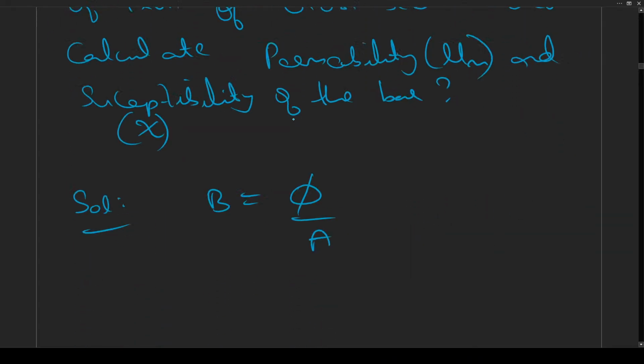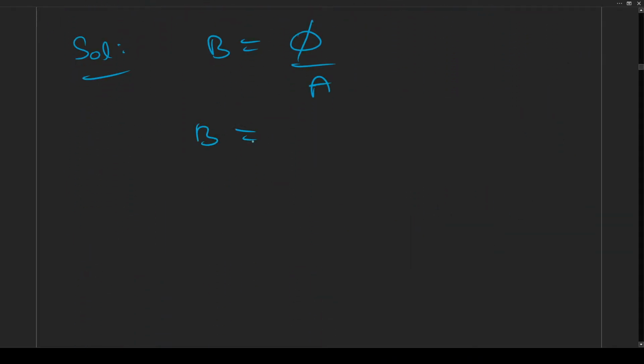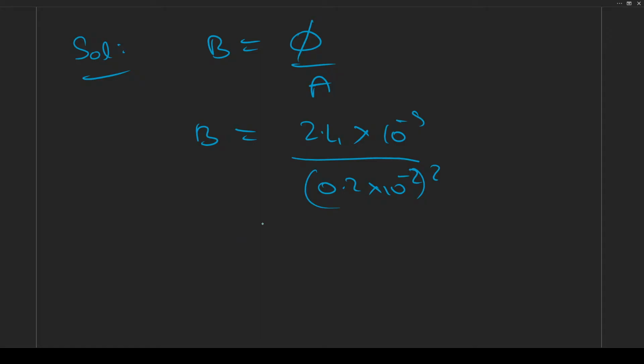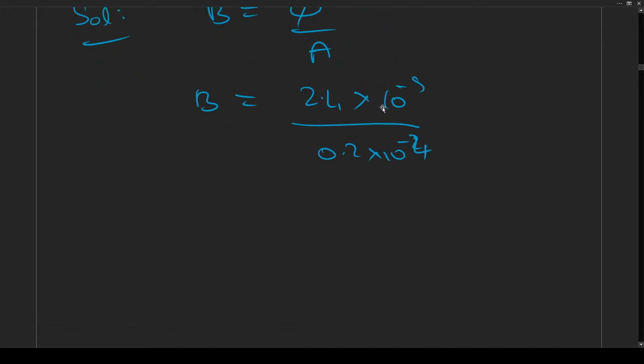Based on this we can find the magnetic induction, where magnetic flux was 2.4 into 10 power minus 5 and area was 0.2 into 10 power minus 4. So B equals 1.2 Weber per meter square, or basically Tesla.